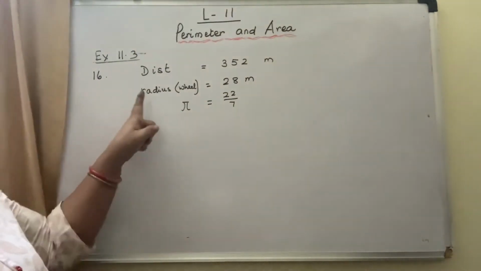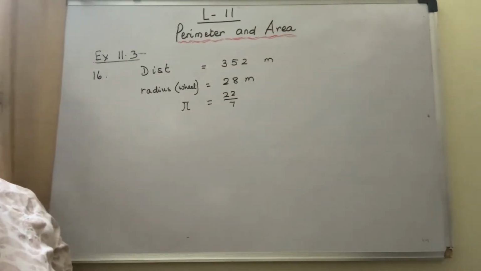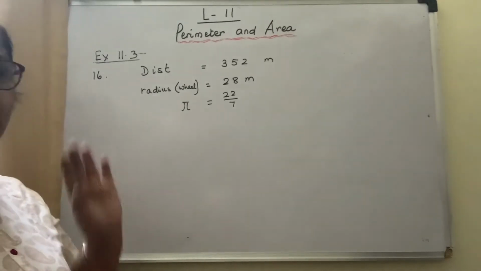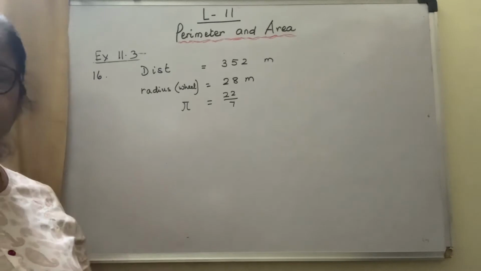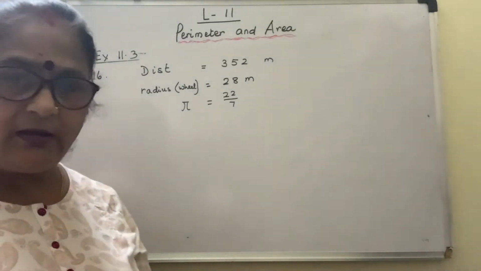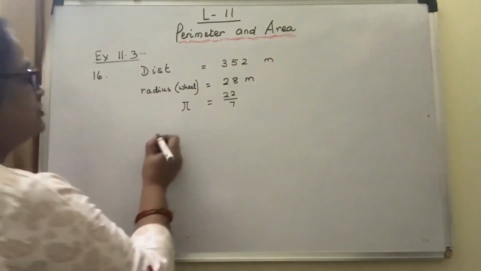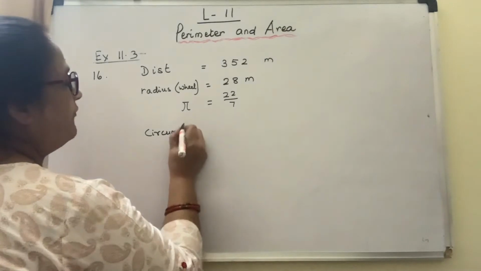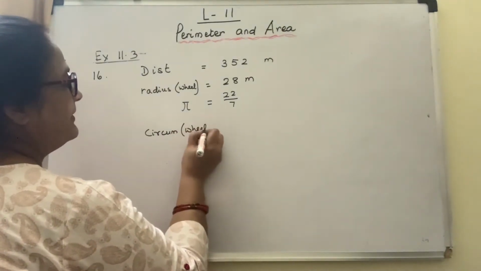Now, if the radius and the pi are given, then we can find the circumference. Circumference is the distance covered in 1 revolution or 1 rotation. So first let us find the circumference of the wheel.